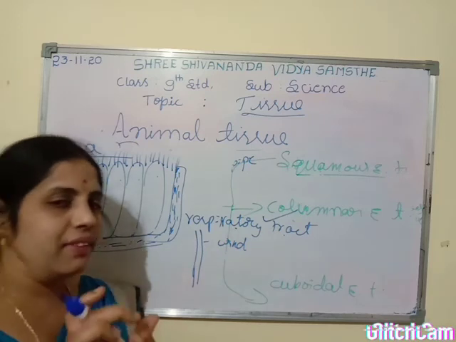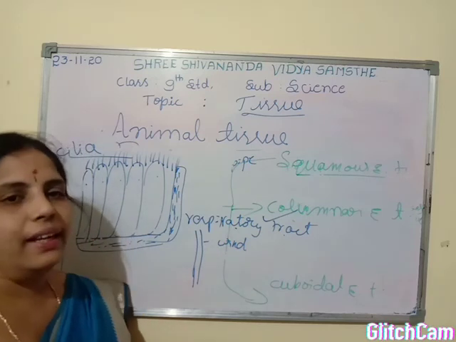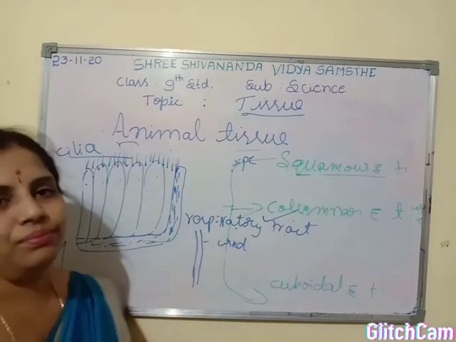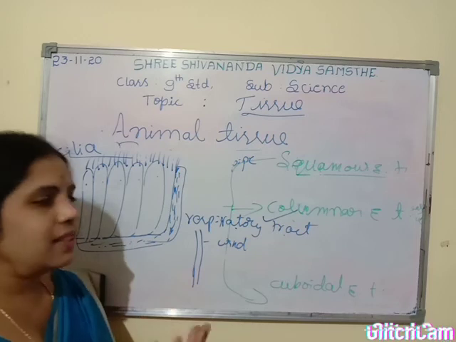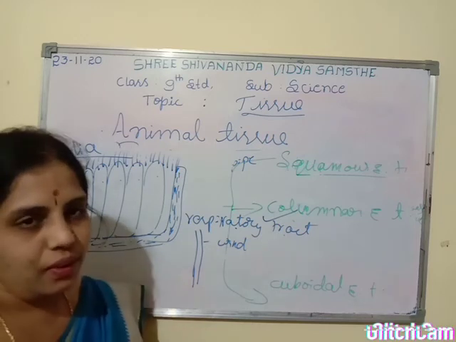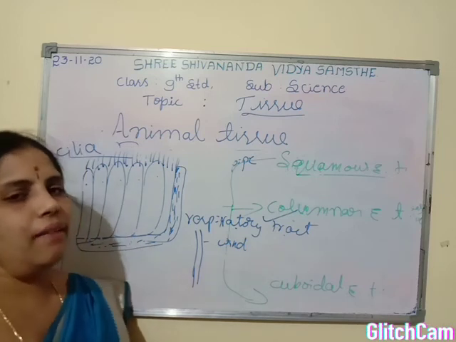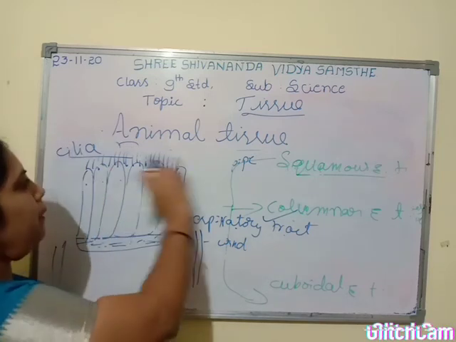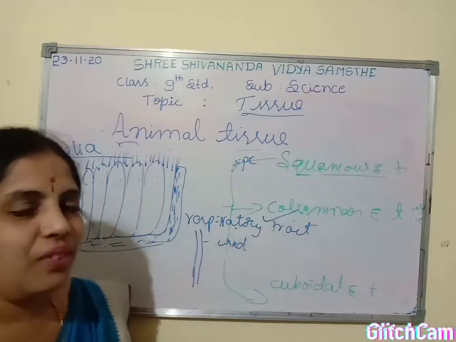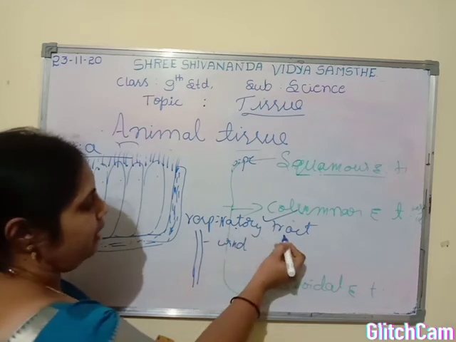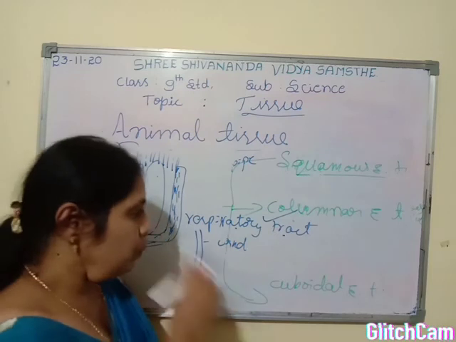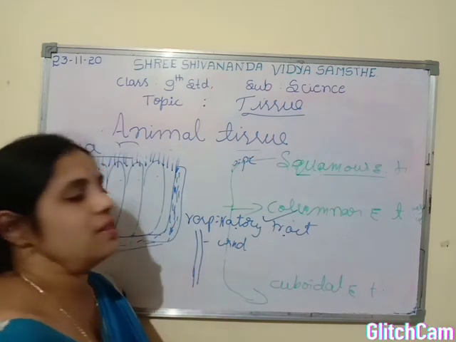If this air contains dust particles, they should be avoided by the cilia. Basically the dust is already filtered in the nostrils, and the finest dust particles are filtered by the cilia. Not only in the respiratory tract, we can find this in the kidney and also in the esophagus.